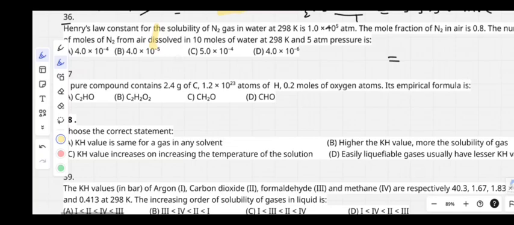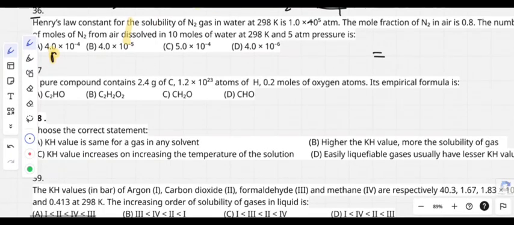See here, in this case, first you have to calculate the partial pressure of nitrogen. We know that P of nitrogen is equal to the mole fraction of nitrogen in the gaseous phase multiplied by the total pressure.